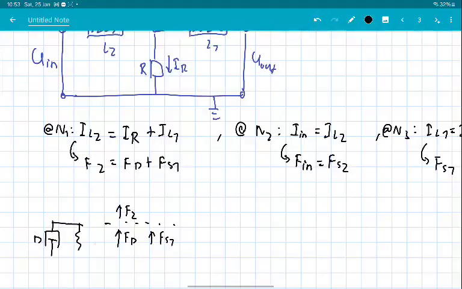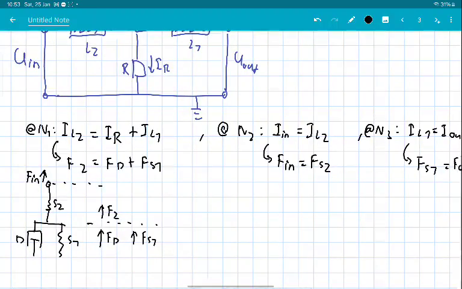We call this D, S1, and now we call this spring S2. Given that our F in was F2, we could say that our F in must have been in this direction.